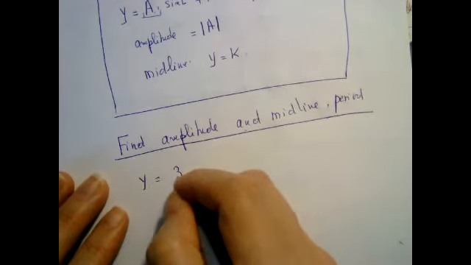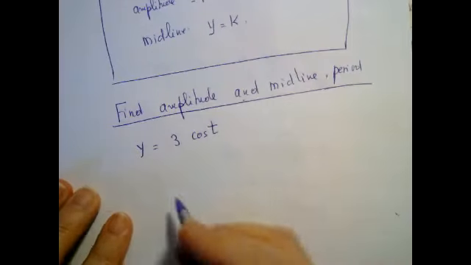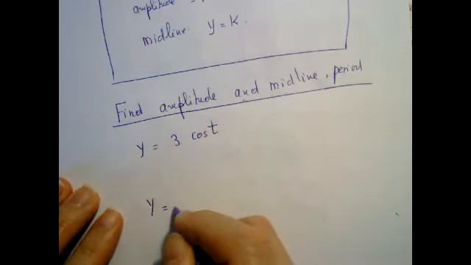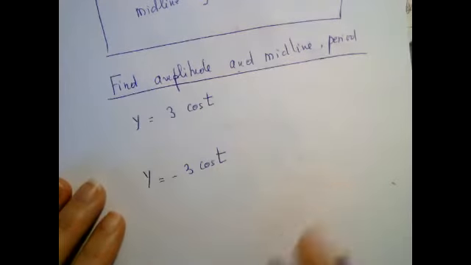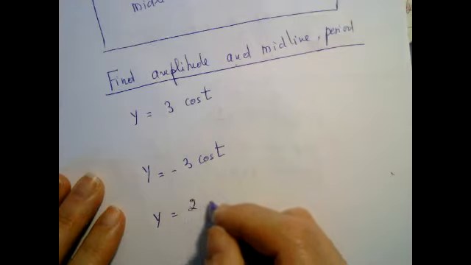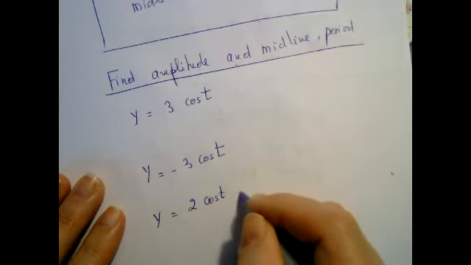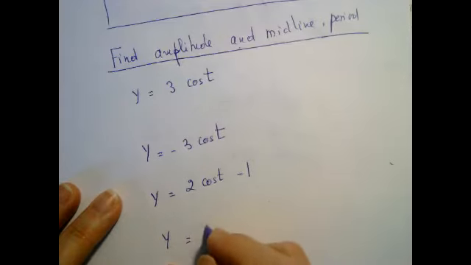But this time I'm going to put cosine. 3 cosine t, and 3/5, 3 sine t over 5.